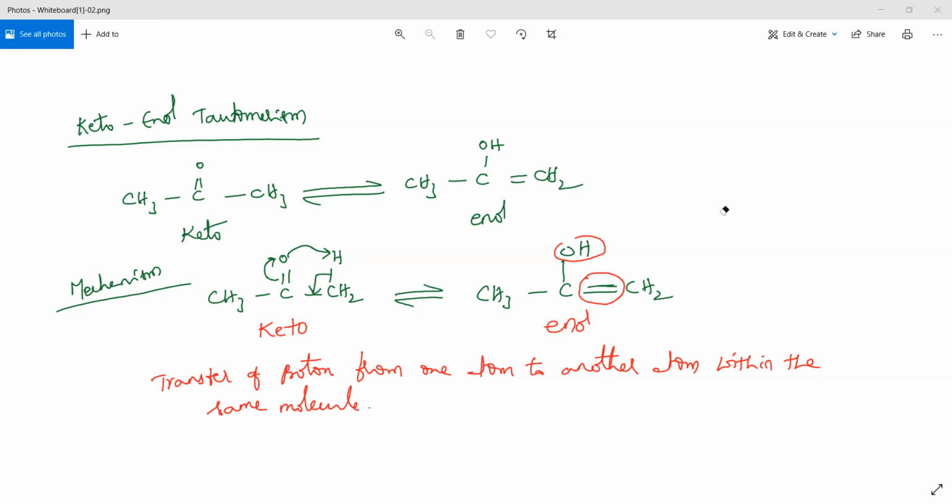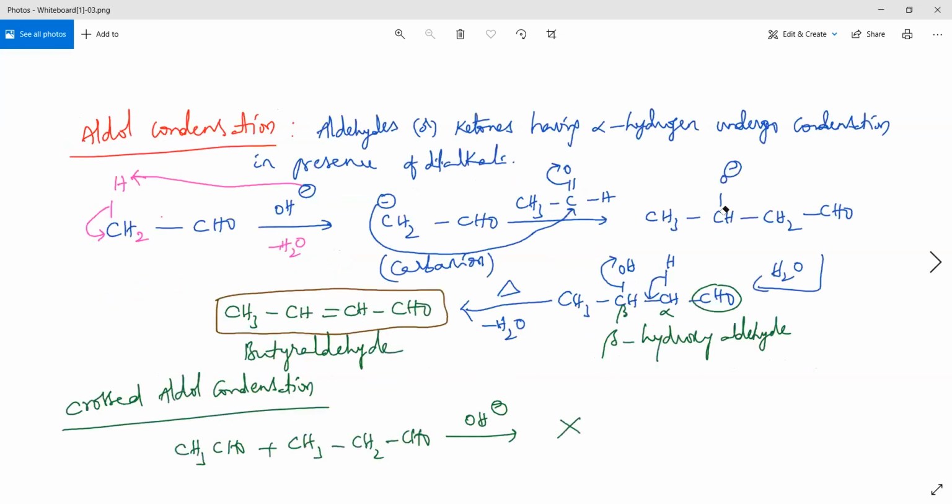Then, aldol condensation. These are some frequently asked questions, very frequently they ask these. Aldehydes or ketones having alpha hydrogen undergo condensation in the presence of dilute alkali.